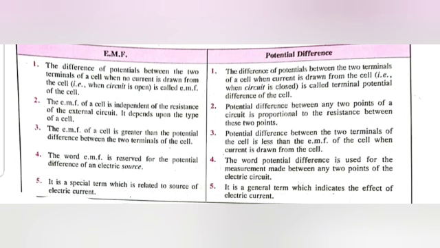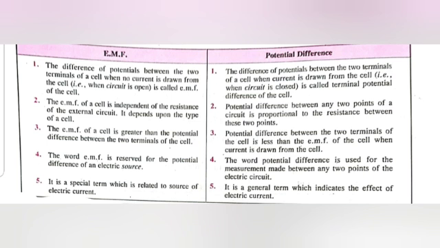So what is the definition of terminal potential difference? Terminal potential difference of a cell is defined as the potential difference between its terminals in a closed circuit when current is drawn from the cell. Now you can understand the difference between EMF and terminal potential difference.